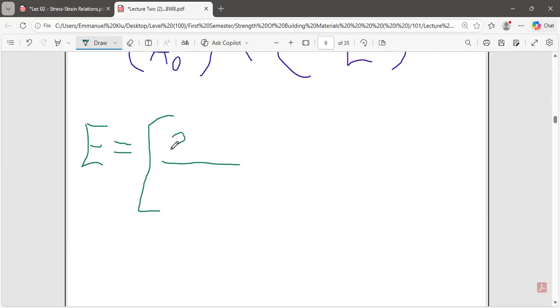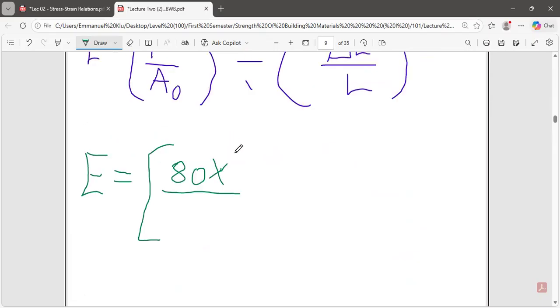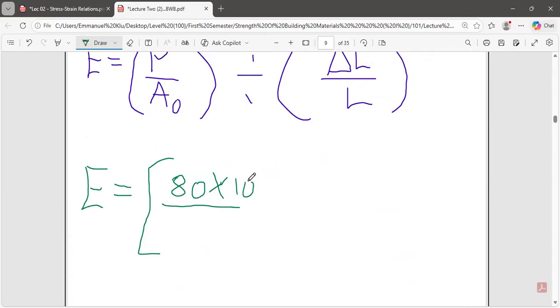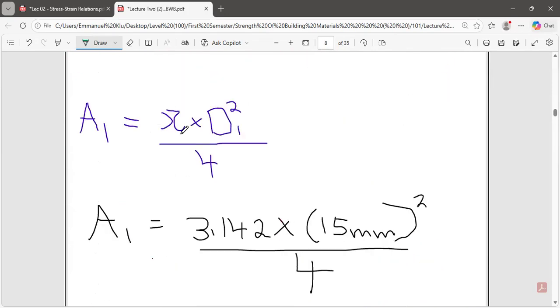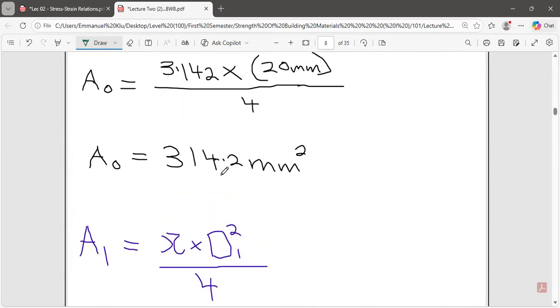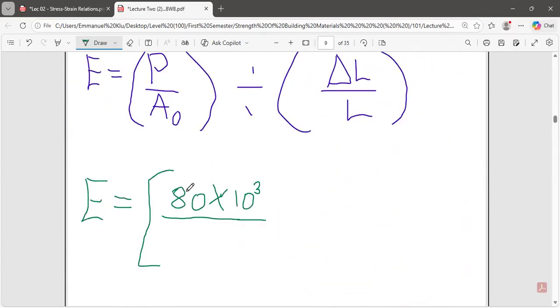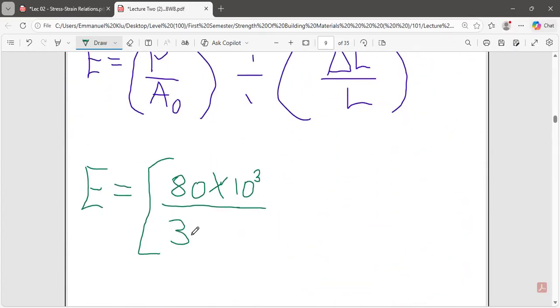So 80 kilonewton, that is 80 times 10 exponent 3, all over the original area. So the original area is what? 314.2. Good. Exactly. We divide this.